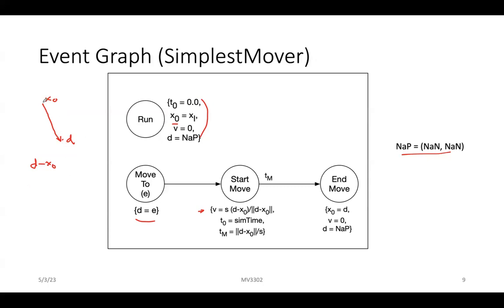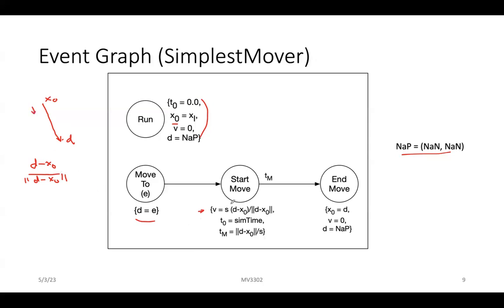Now, what I want is a vector in that same direction, but with a magnitude equal to the speed that I'm going to go. And so to do that, I'm going to turn this vector into a unit vector. How do you turn a vector into a unit vector? You divide by its norm. And this would be a Euclidean distance here. I divide my vector from my location to my destination by its norm, and this now is a unit vector, but pointing in the right direction.